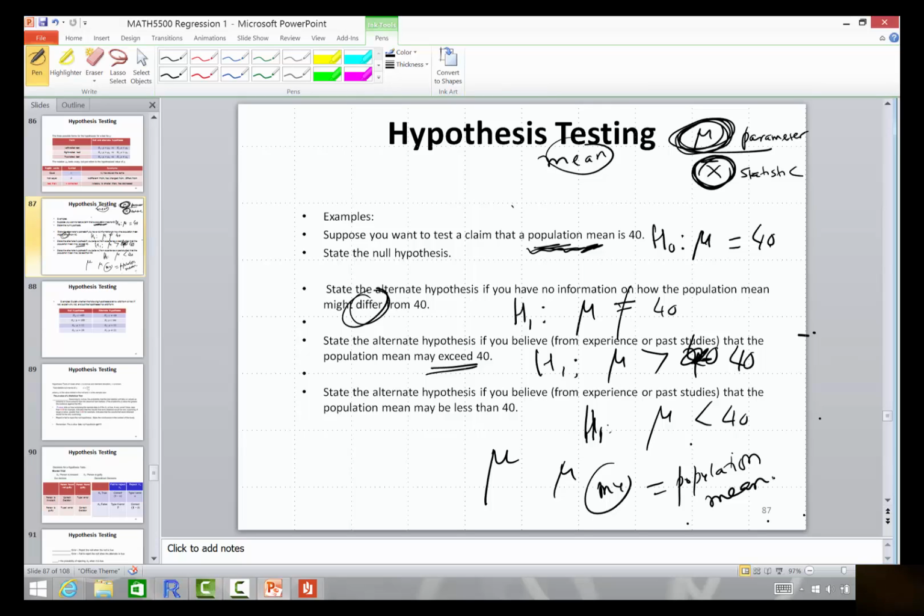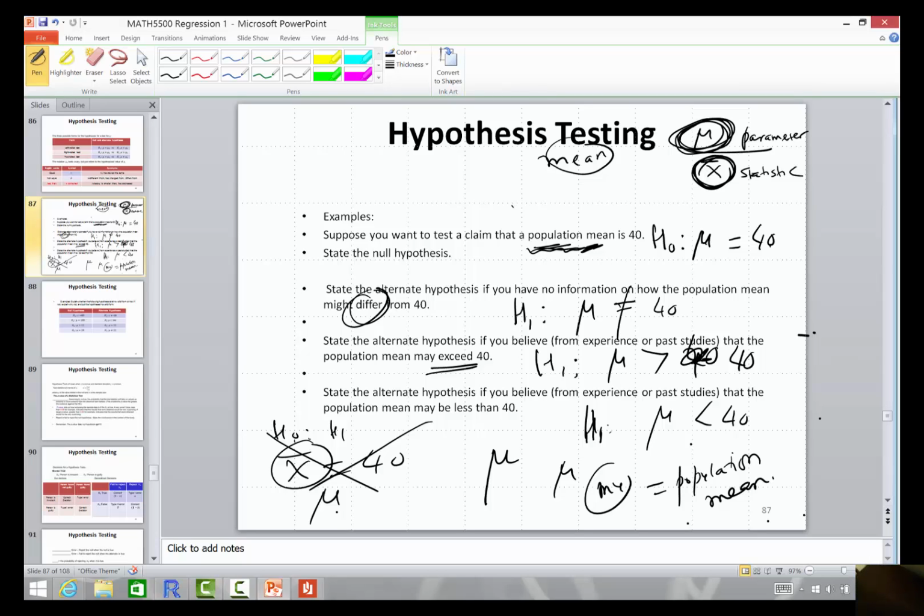Remember, if somebody writes X bar is equal to 40 as the null hypothesis, this is wrong. In the null hypothesis or the alternate hypothesis, this X bar should not be there. There should be mu. That should be the population parameter, so that should be the population mean, not the sample mean X bar.